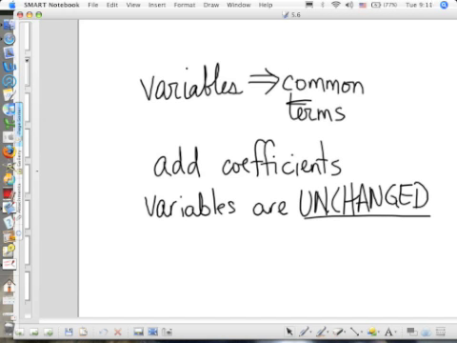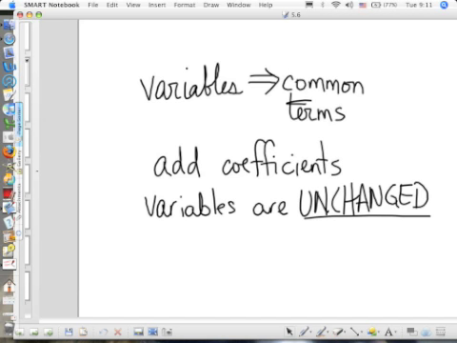And what happened to the variable? Stayed the same. The variable was unchanged. So if we had 2a plus 2a, what did they give us? 4a. Okay, we didn't change the variable.